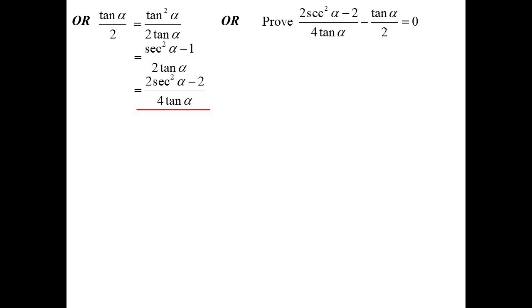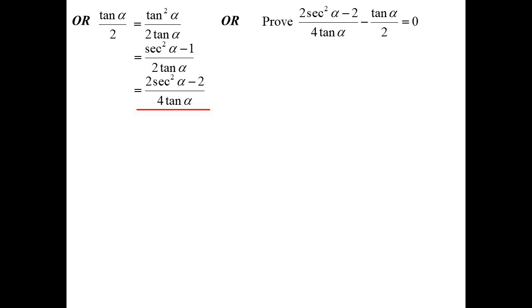Here's a fourth way you could do it. Some people like to move everything to the left-hand side and just show that that's equal to 0. So now, instead of proving what they want, I'm going to try and prove 2 sec squared alpha minus 2 on 4 tan alpha minus tan alpha on 2 is equal to 0. Note, this is not solving like an equation because I'm just rearranging what it is I'm trying to prove.